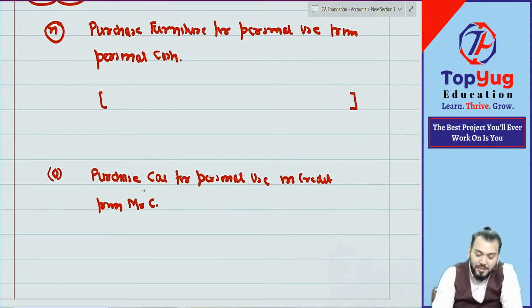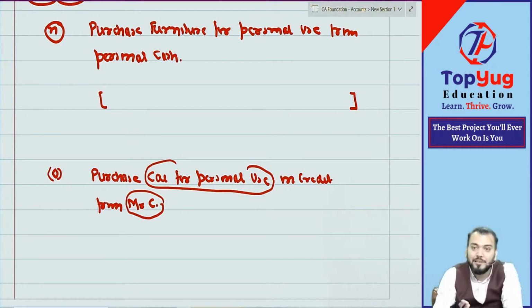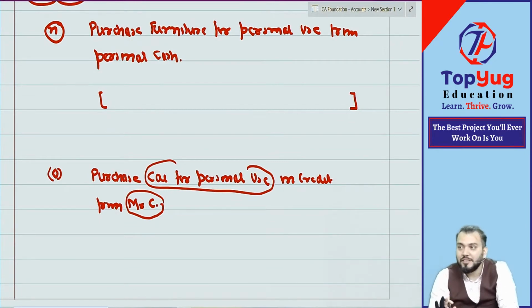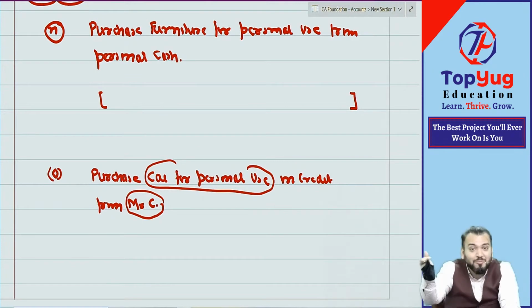Now everyone, purchase car for personal use, in credit from Mr. C. There is a liability, some amount payable to C. But who will pay? Ram will pay.